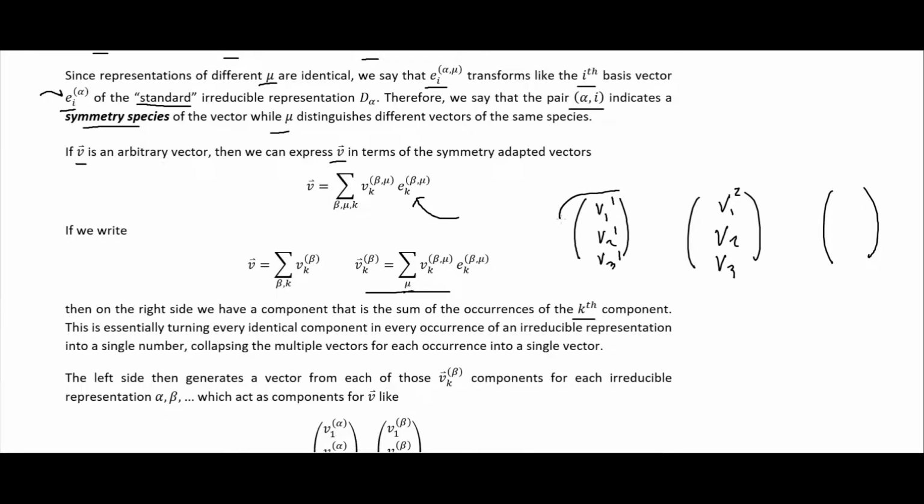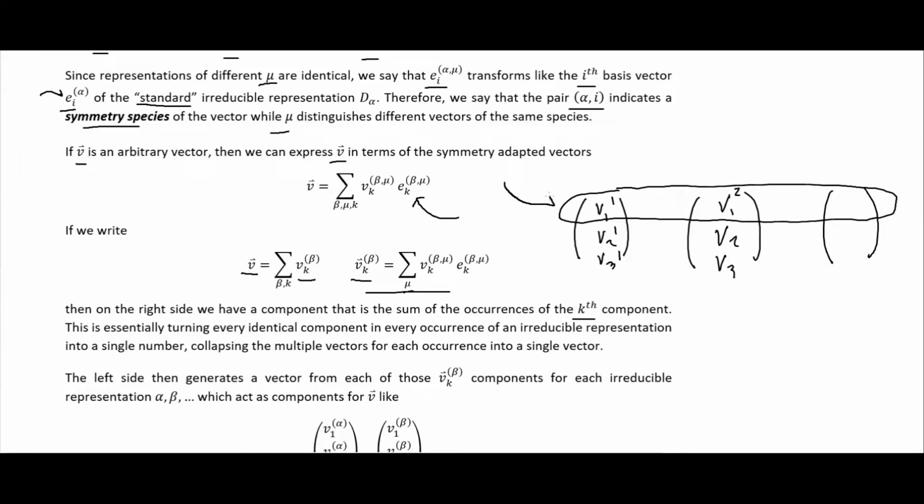We're taking all these first ones and summing them together into a single component right here. Then when we sum those together, we actually make a vector out of that, where each component is the sum of the occurrences of that single component.